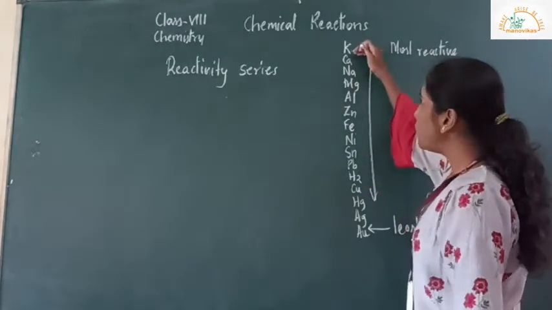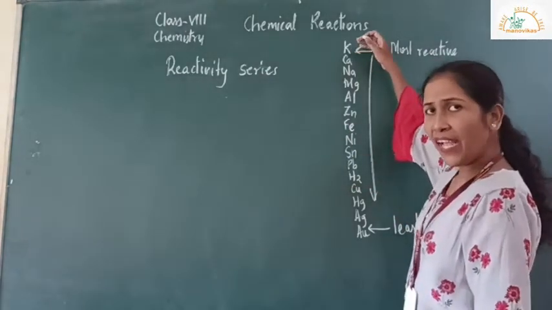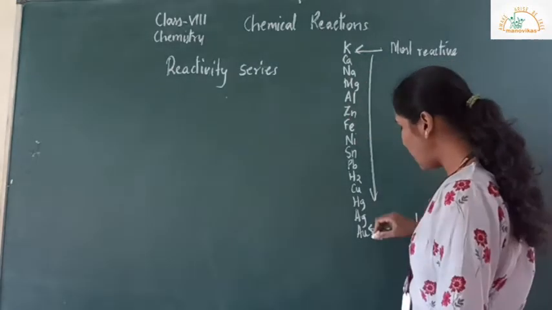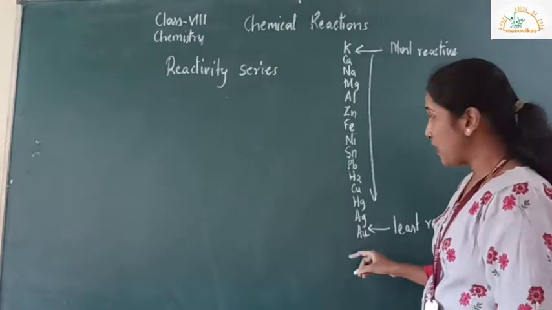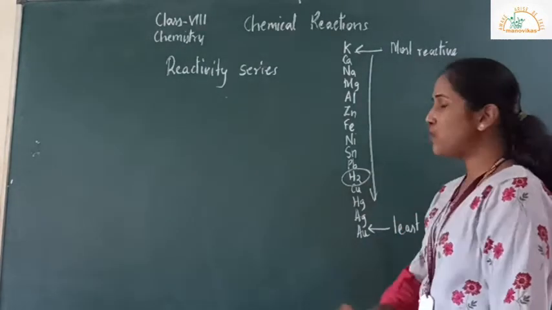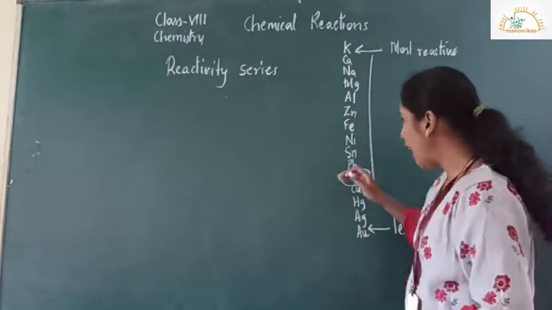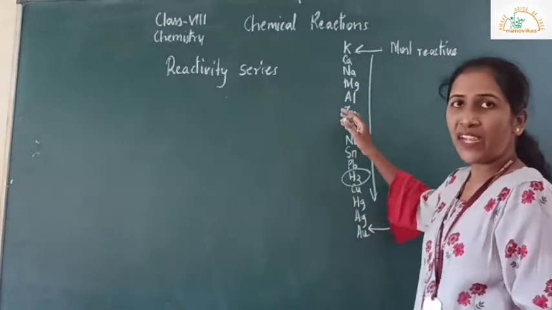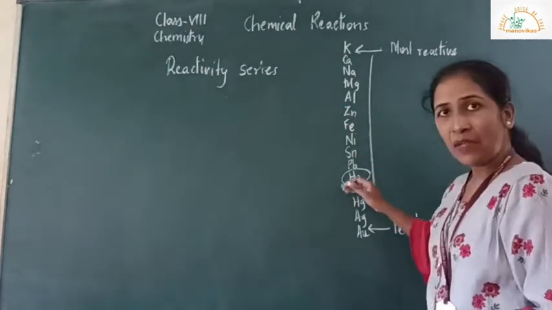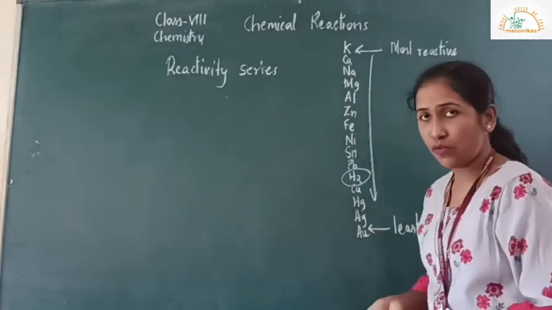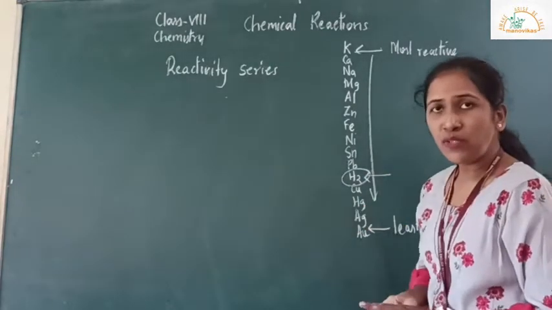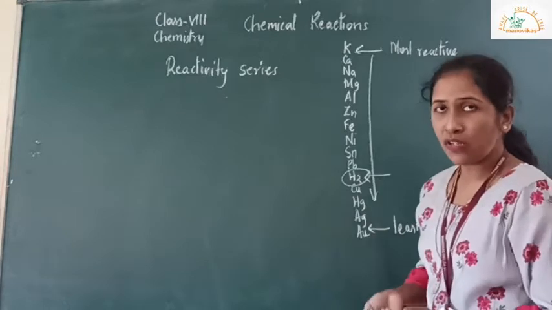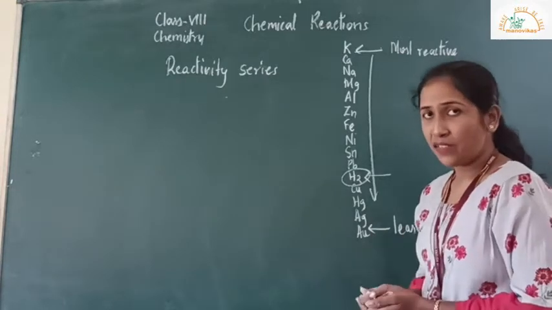So we can say that potassium is most reactive and thereby the reactivity goes on decreasing, and gold is least reactive. So over here, hydrogen is used for comparison. So the elements above hydrogen are most reactive and can displace the elements which are below hydrogen. Okay. So here basically hydrogen helps to displace from its water, alkali or acid.